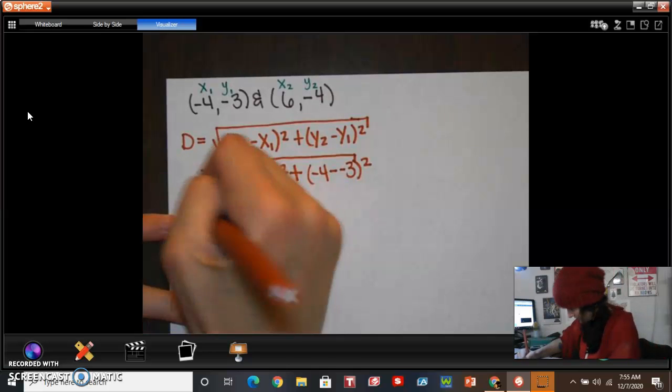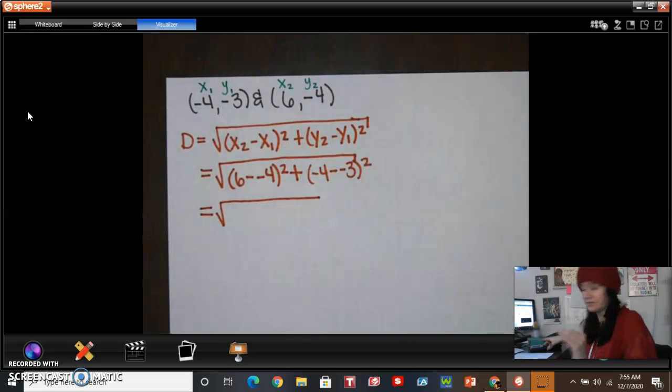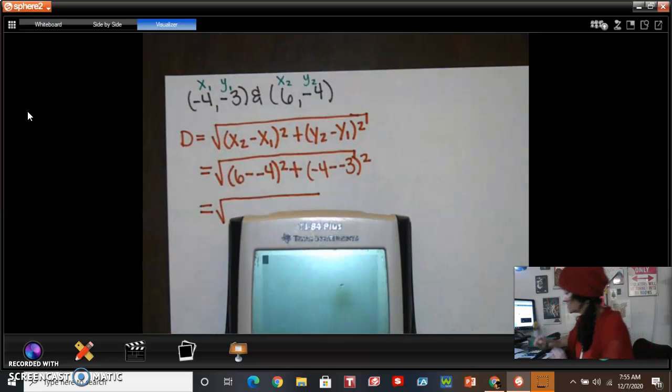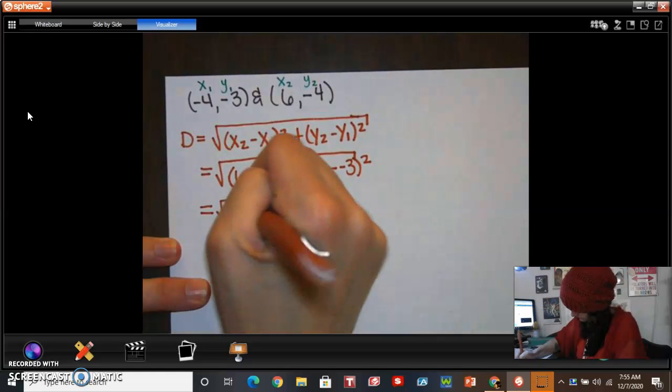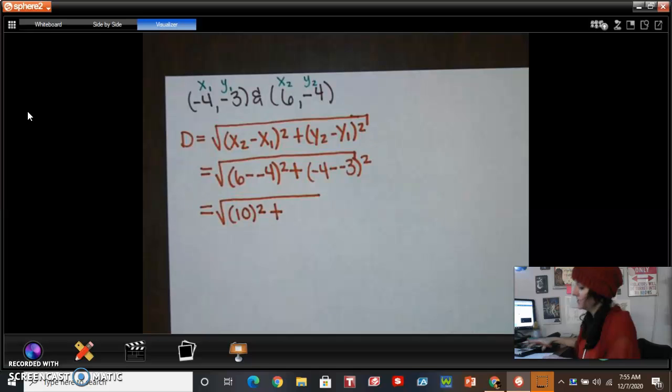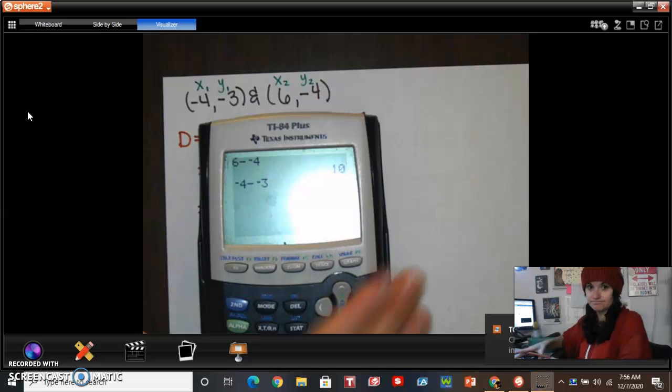So here we go. Next step, start working this out bit by bit, starting with what's inside our parentheses. So I'm going to go 6 minus -4, and I get positive 10 squared plus -4 minus -3 gives me -1.